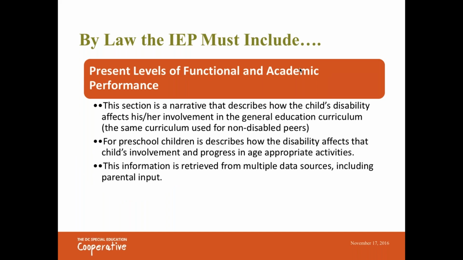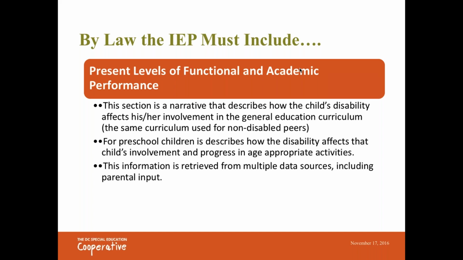So very quickly, you need to understand by law what the IEP has to have. The first most important thing it has to have is what we call present levels of functional and academic performance. This is the section where we narrate and describe exactly how the student's disability affects their involvement in the general education curriculum.